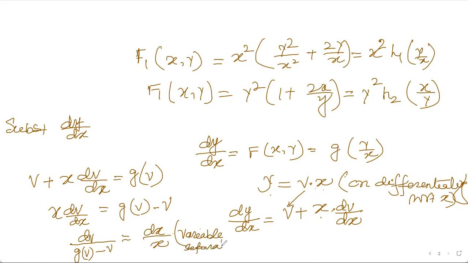The main thing to observe is that I started by substituting something, bringing everything in such a way that it can be expressed as variable separable, and now I can follow the similar process for solving. By integrating on both sides, I can integrate this part, integrate this part, and solve it.